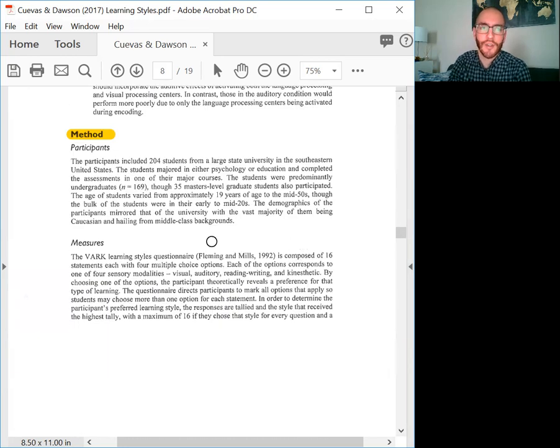Read through the methods section, see who participated, what measures or questionnaires were used. As you can see here, a specific questionnaire was used to assess student learning styles and categorize whether students are visual or auditory learners using that assessment.